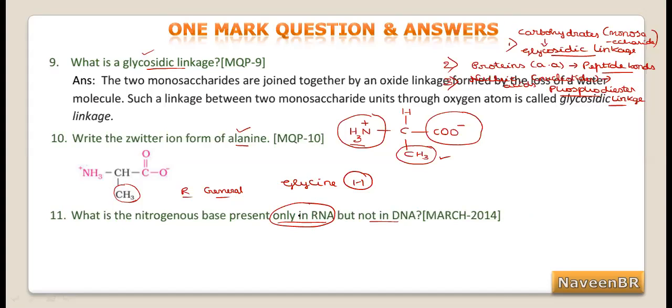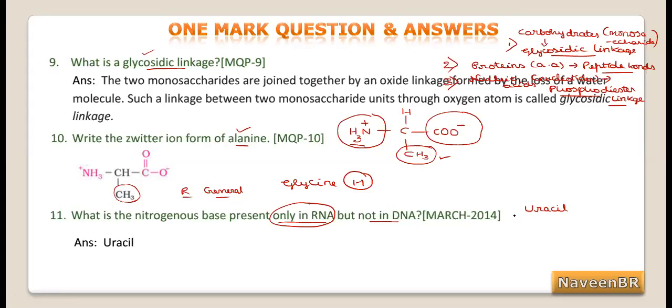The nitrogenous base present only in RNA is uracil. In DNA, it is thymine. This is the differentiating base between DNA and RNA. Don't get confused here, try to remember it clearly. Now the answer is uracil.